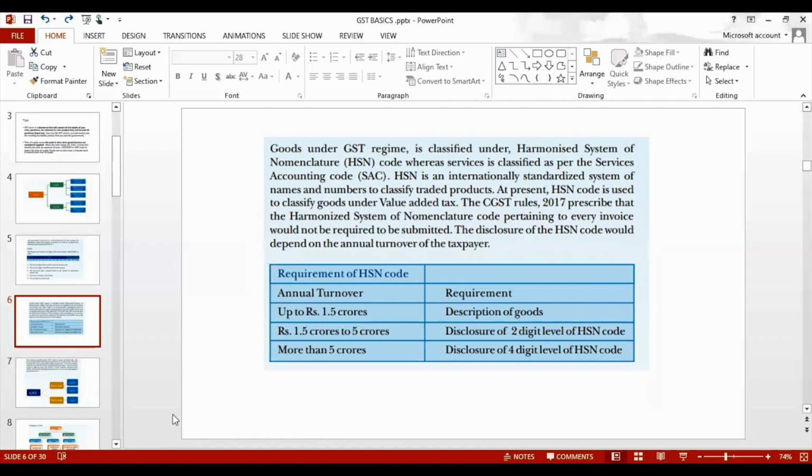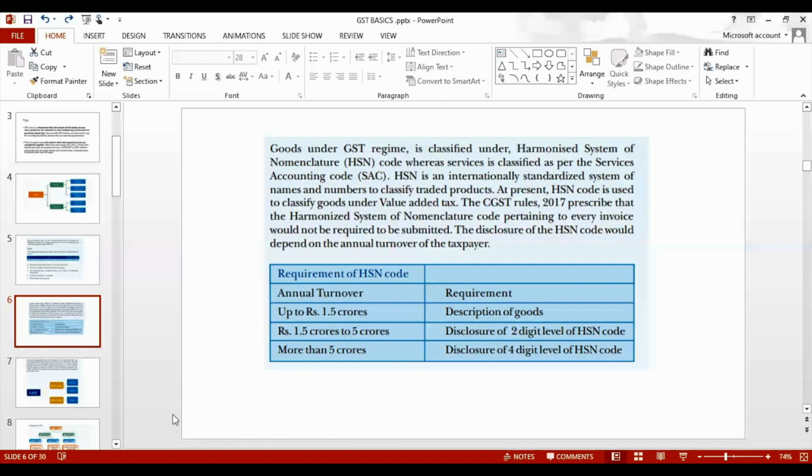If the annual turnover of our company is below 1.5 crores, I don't need an HSN code. The government will not provide any HSN code. Between the range of 1.5 crores to 5 crores, the government provides a 2-digit HSN code for our company.